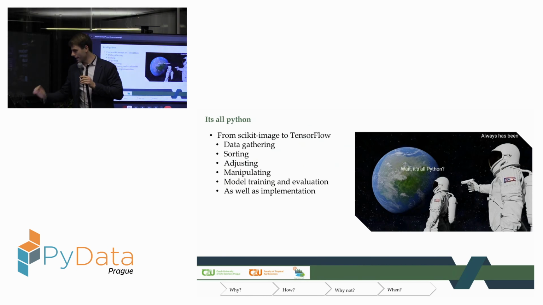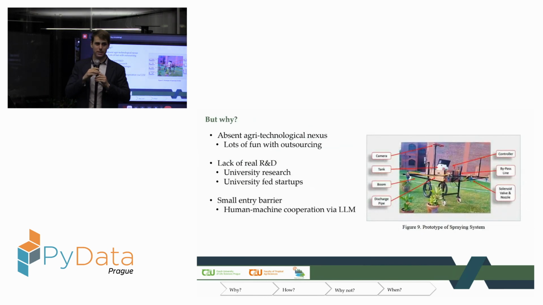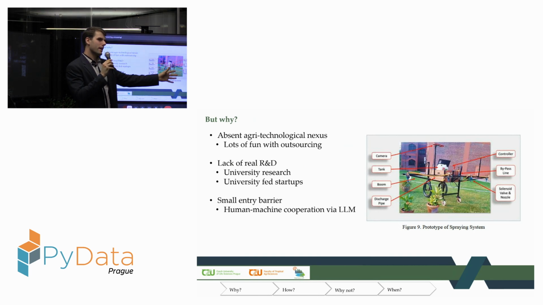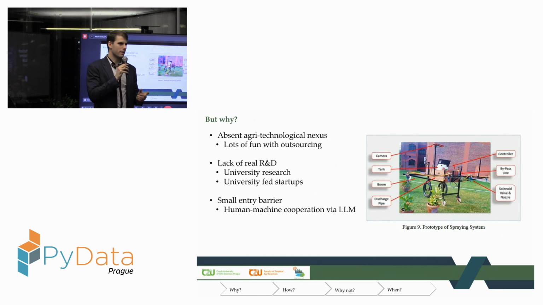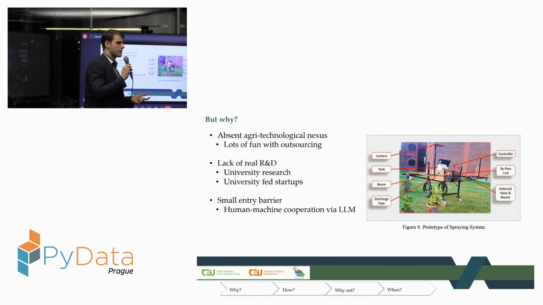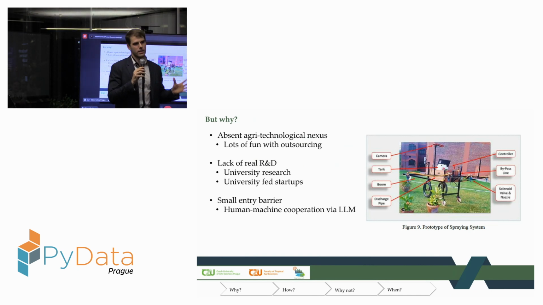And that brings me to the darker side of that, because there's actually the issue of the absence of the nexus between the people who can use computer vision and the people who know the weeds. The majority of the current research is done by teams in India and China, because for them it's super accessible, especially with large language models, which help you so much with writing the code.